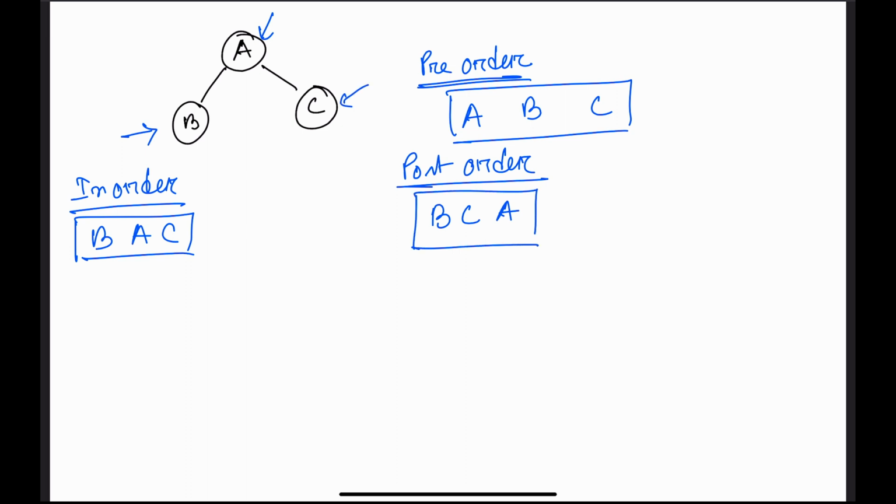But when the tree is more complex, what will happen? Let's take an example. a, b, and then for example d, and here it is c, and here it is e, here it is f, here it is g, and here it is h, i, and j.